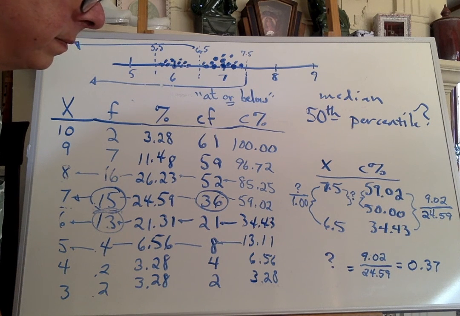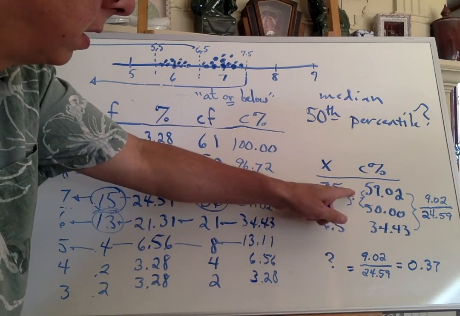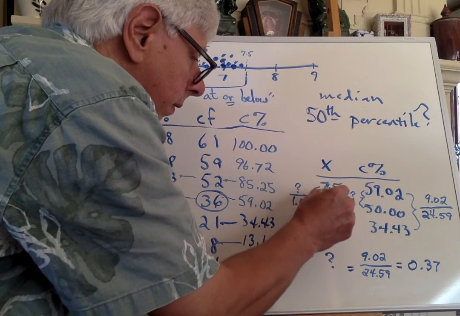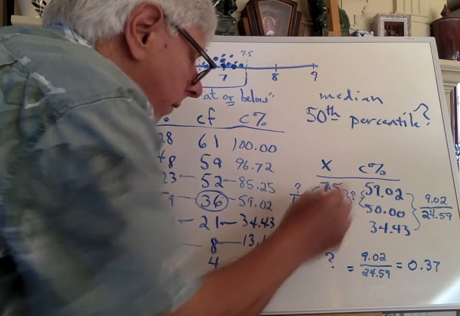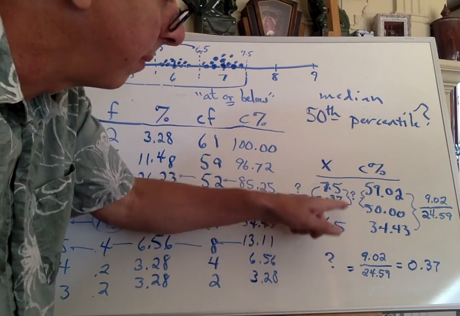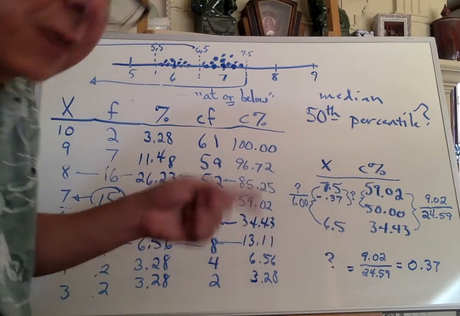Okay. 0.37 is this question mark. That is, how far down do we have to go to be at the same place, be at the same fraction?